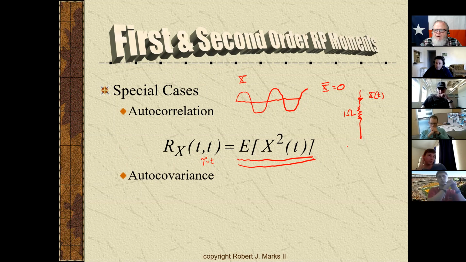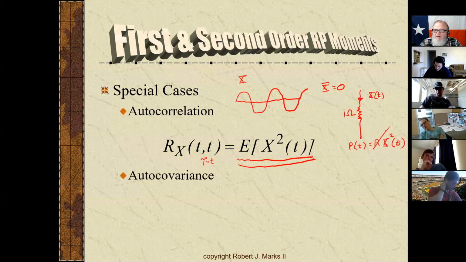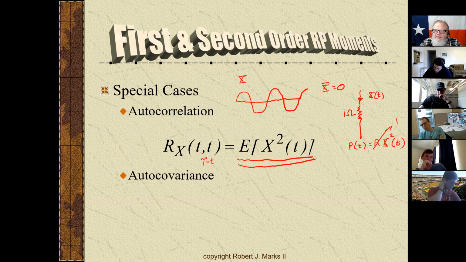What is the power, as a function of time, associated with the resistor? It's equal to the resistance times x squared, right? As a function of time.